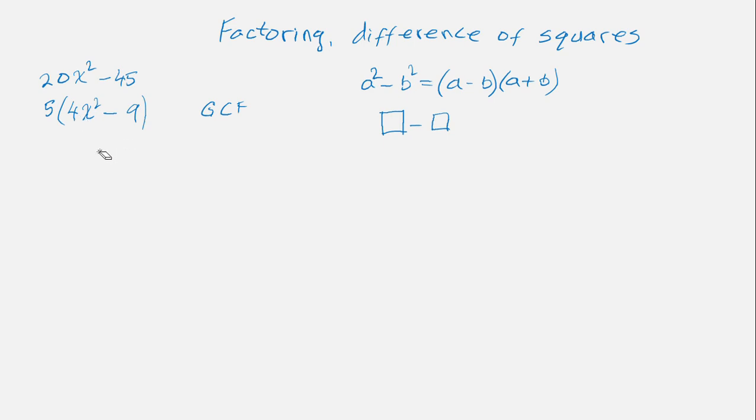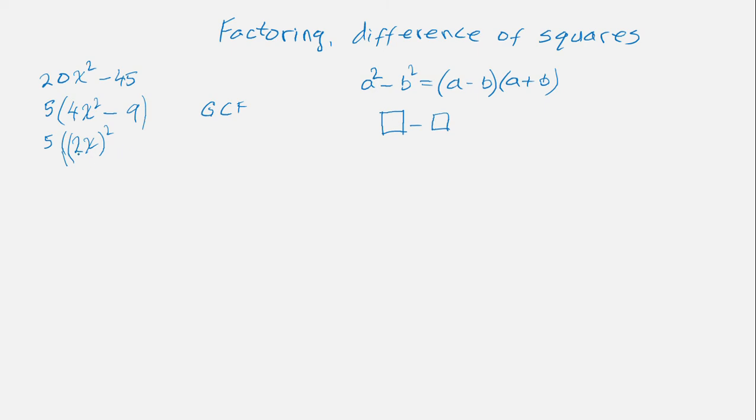In our case, this is actually a difference of squares. It doesn't look exactly like this, but we can make it look like that. So we copy 5 down. Now 4 is actually 2 squared, so this is actually 2x squared together, like that.